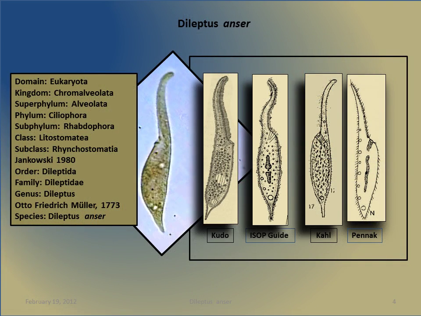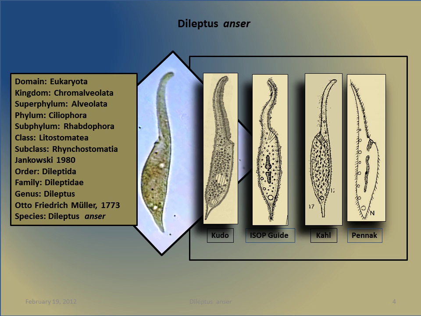Diagrams of Dileptus anser vary considerably. Here are compared drawings from Kudo, the ISOP Guidebook, Kahl, and Pennock.